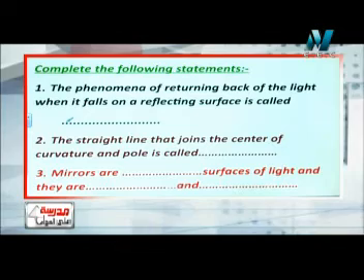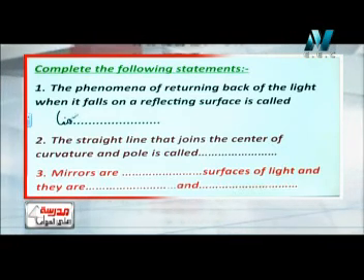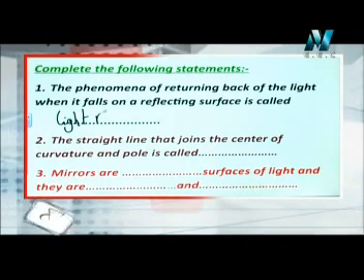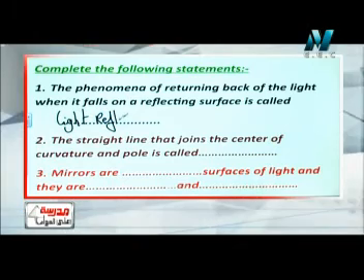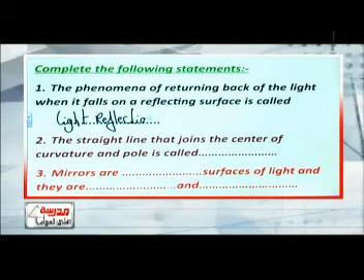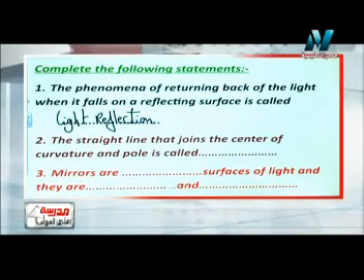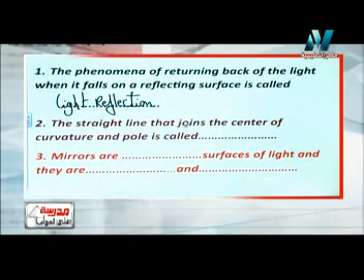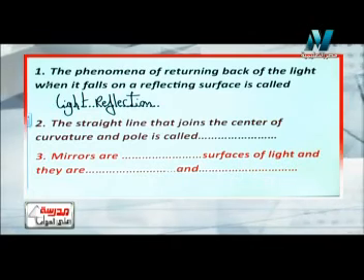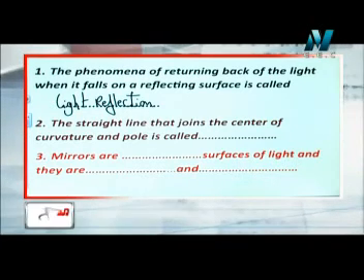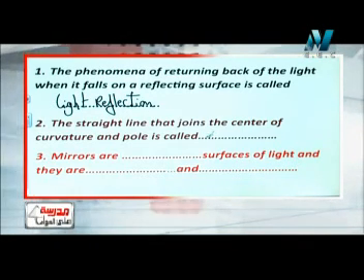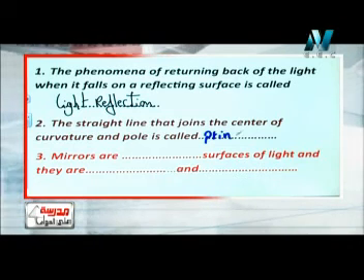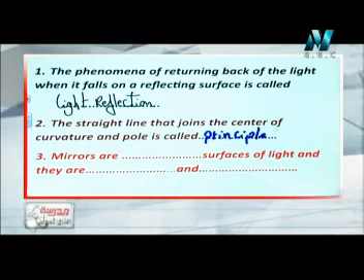This phenomena is called light reflection. The second one, straight line that joins the center of curvature and the pole of the mirror. This straight line is called principal axis.